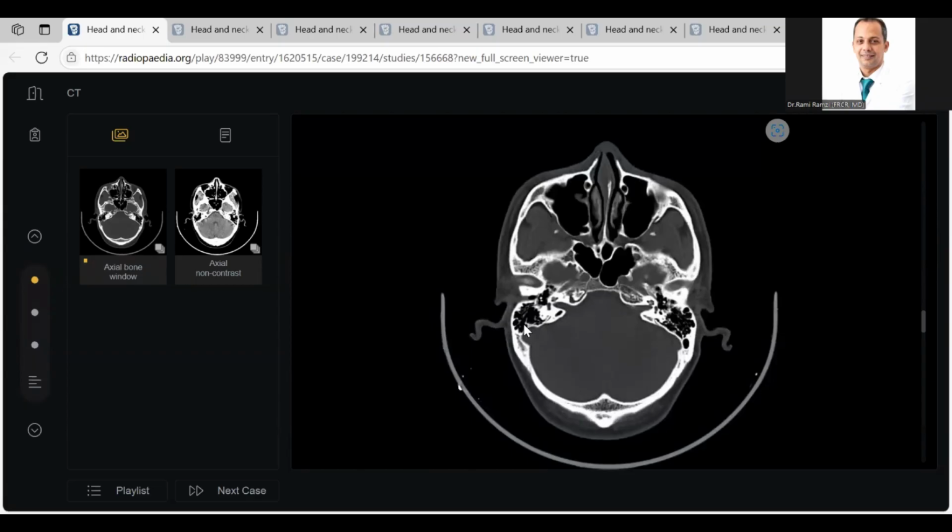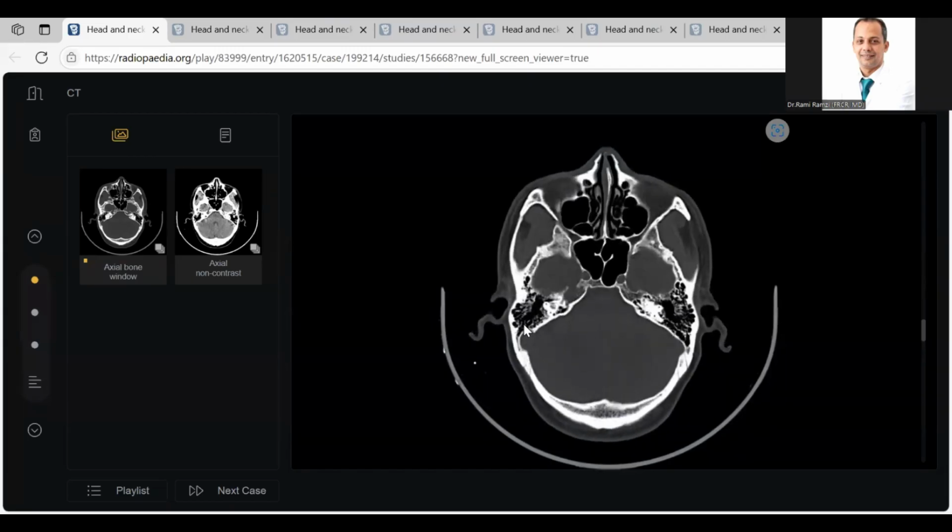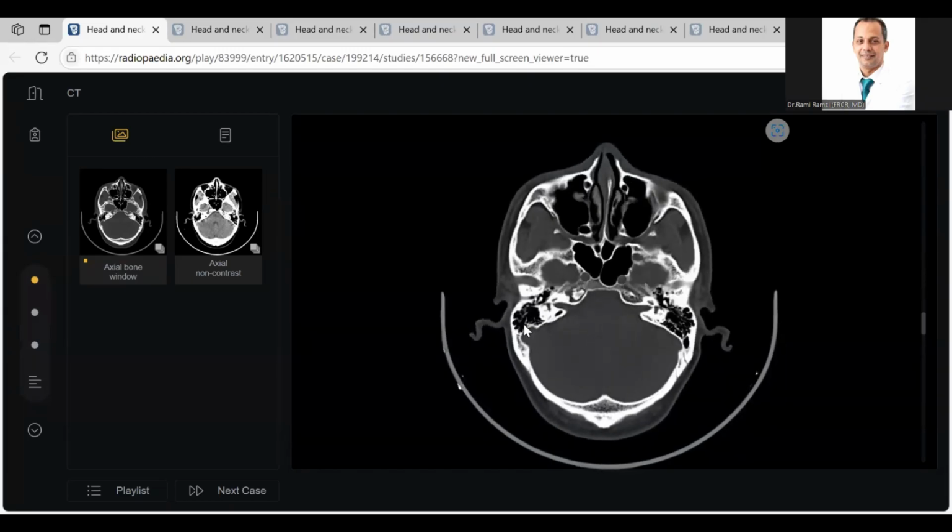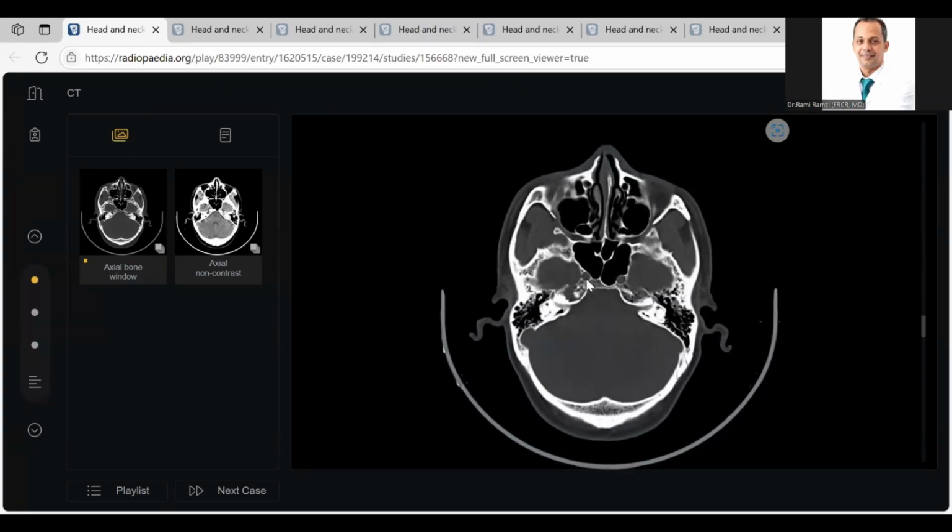What's your differential and what's your next step? My differential diagnosis for the lesion located in the petroclival area, which is lytic. The petroclival area is good. This is the petroclivus. This is the apex.